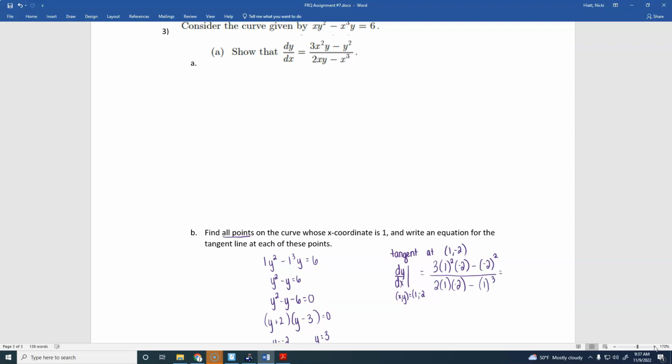So that is going to be -6 minus 4 over -4 minus 1, so -10 over -5, which will give us a positive 2 for our slope. And so the equation of that tangent line is just going to be y equals 2 times (x minus 1) minus 2.